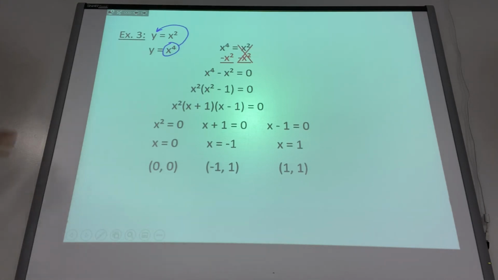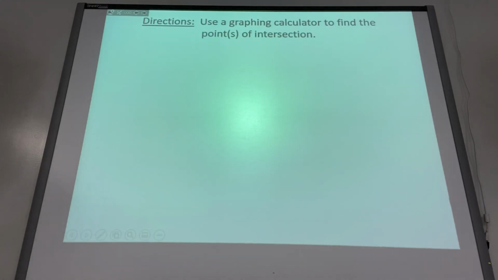All right. Any questions about those? All righty. Well, hopefully you've got your calculator. We're going to get that out here to help us with the last one. So I'll let you copy those directions down.